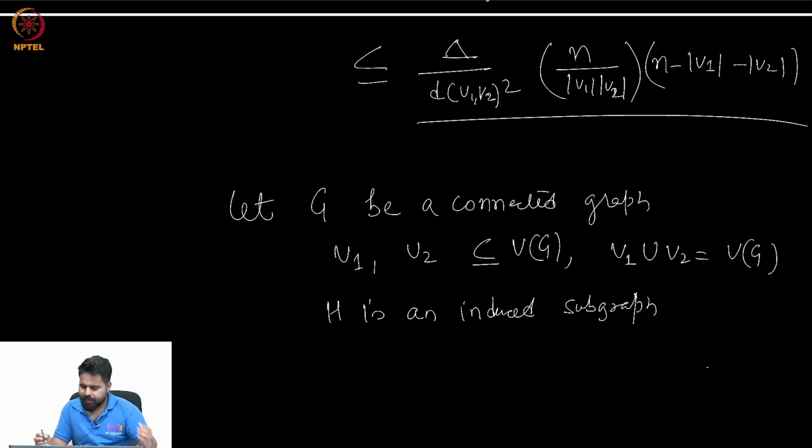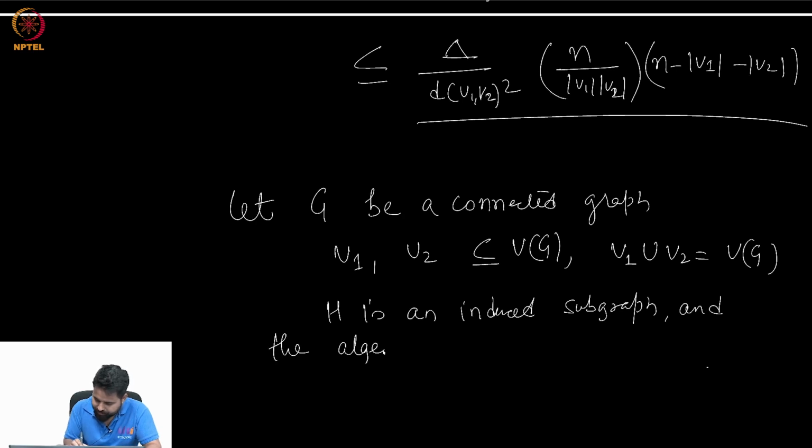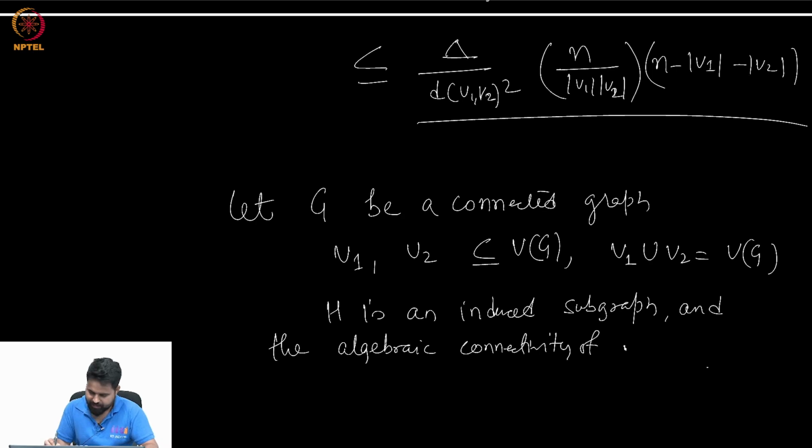Now suppose H is an induced subgraph, and suppose the algebraic connectivity of H is mu dash.